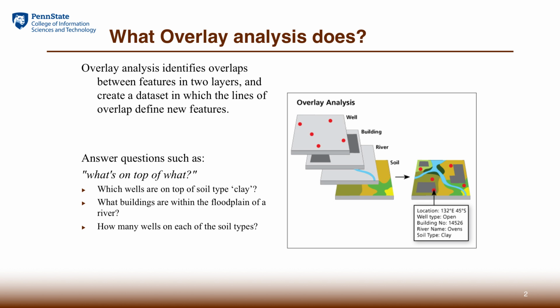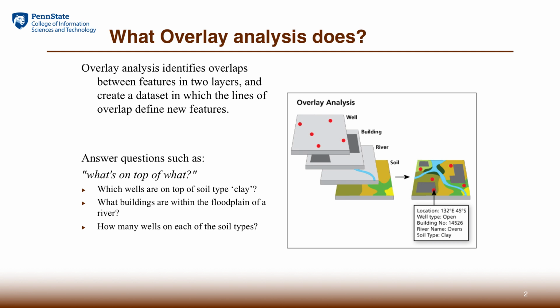These are seemingly different things, but because they all talk about the same place, they actually relate to each other through geography. By integrating them through geography, we have a more comprehensive view of this place. In many cases, we will need to answer questions that are related to how one theme connects with another theme through location, through place. For example, we can ask, for this particular water well, what is the soil type beneath it?